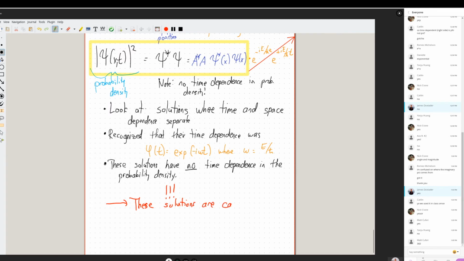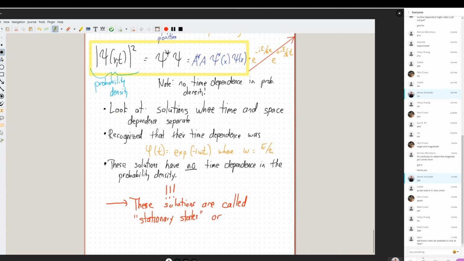These solutions are called stationary states or normal modes. They are states that just vibrate.